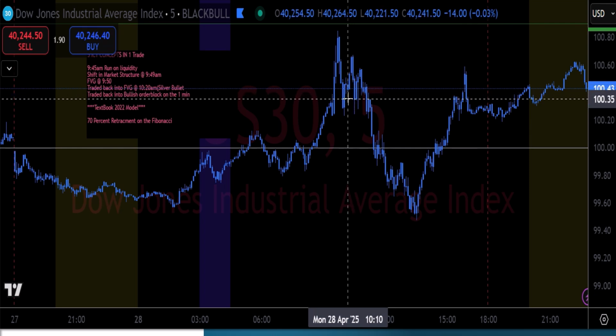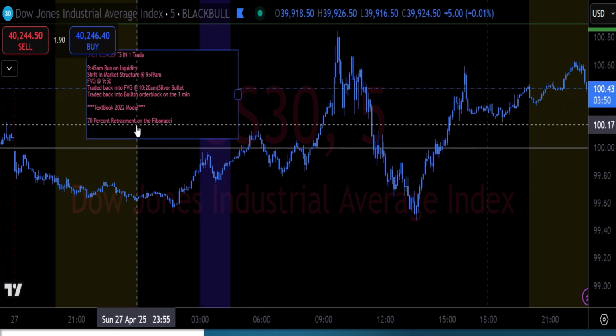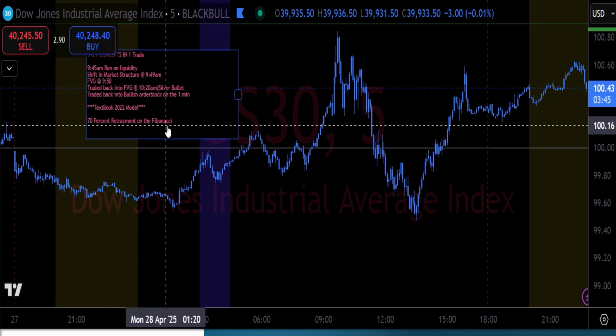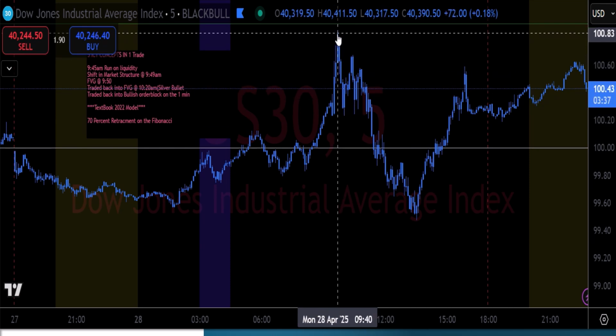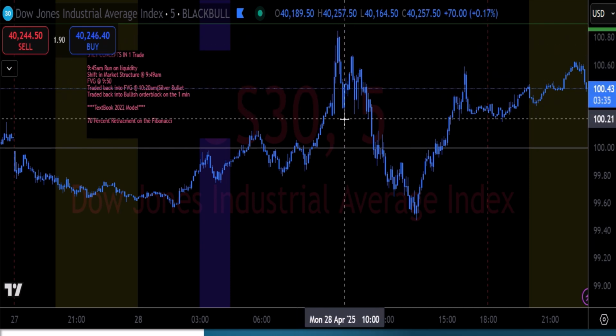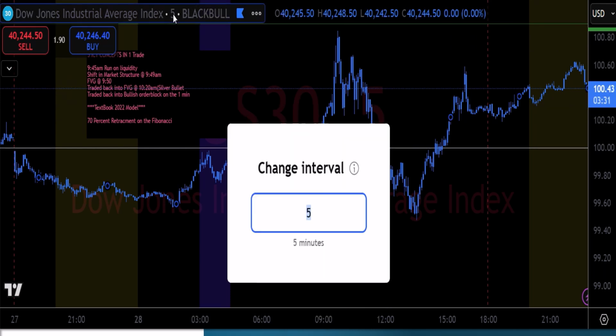Anyway, we also traded back into the 70% retracement level on the Fibonacci. This is something I like to do, my own personal thing, depending on the move.